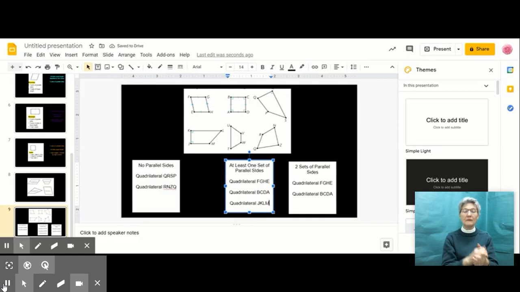My next one, my trapezoid there, UVWT, that's one set. And last but not least, we don't have to worry about that last polygon because we already found that that had no sets of parallel sides. Good work.